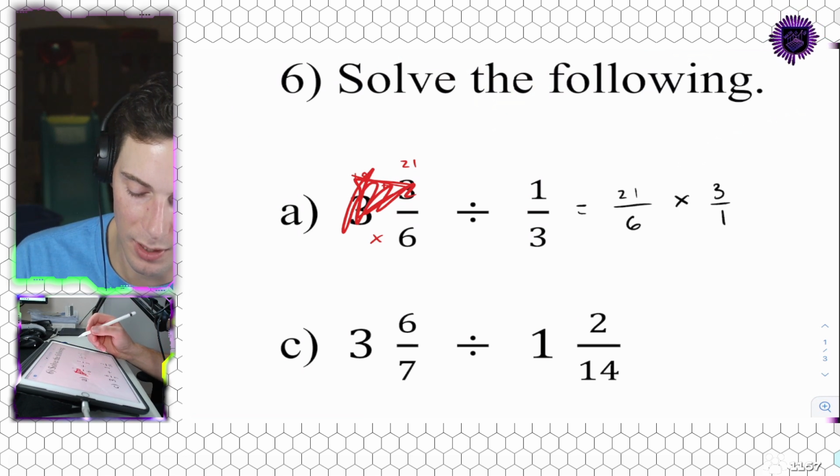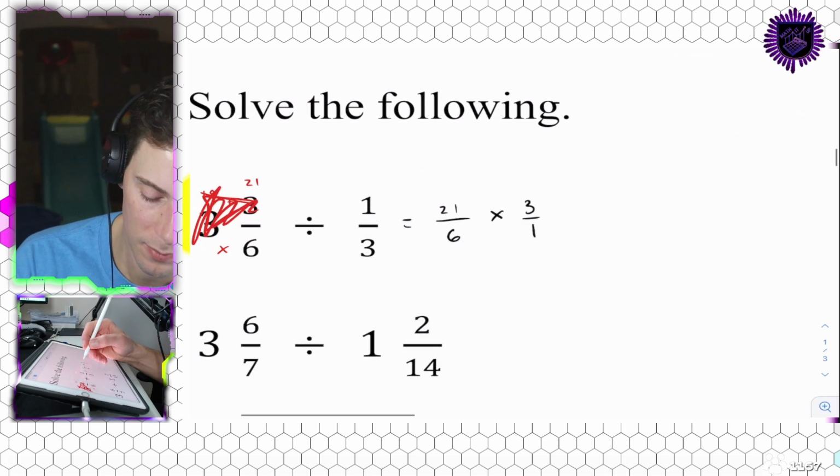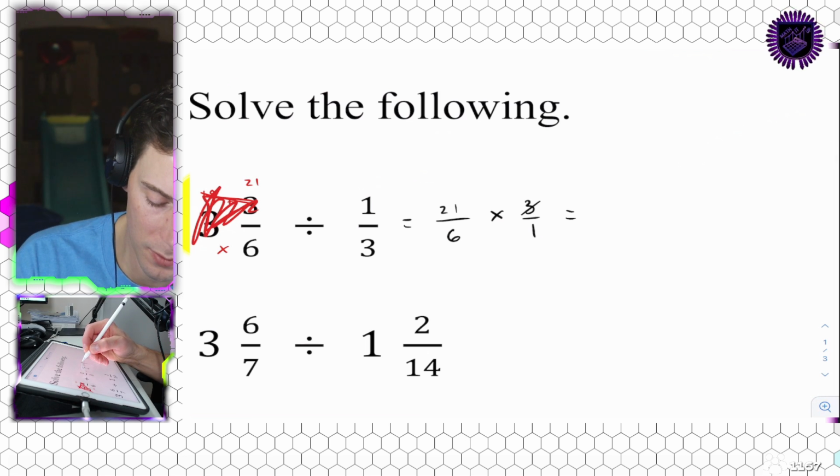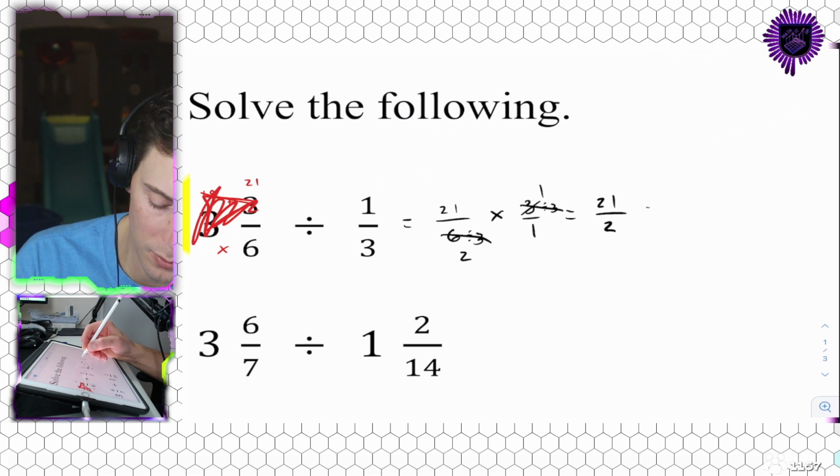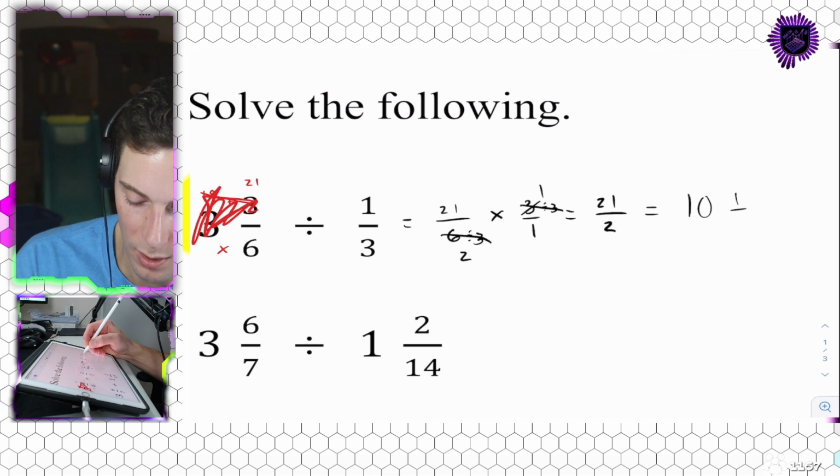Okay, so we're going to factor out 3 to get 2 and 1. And our answer is going to be 21 over 2, which is equal to 10 and 1/2. Final answer.